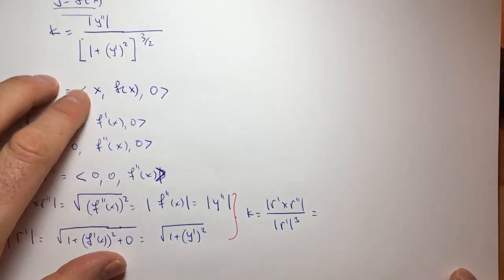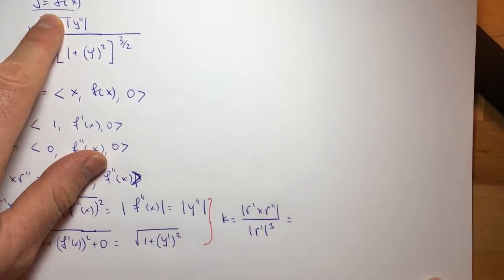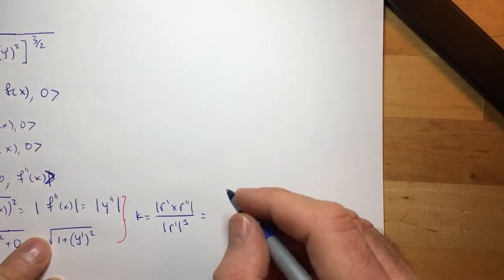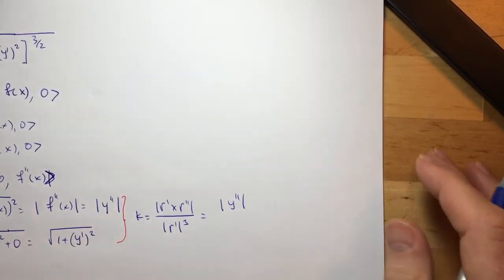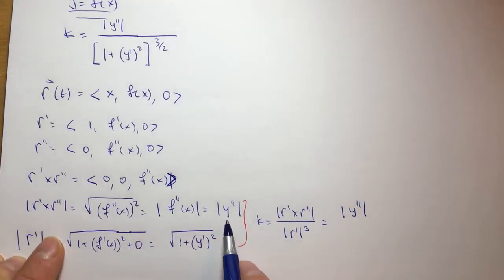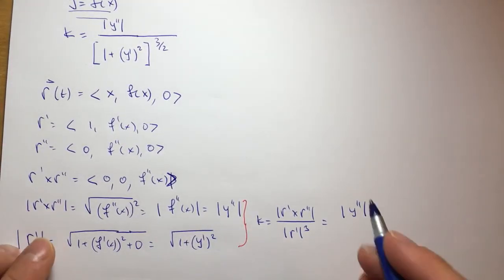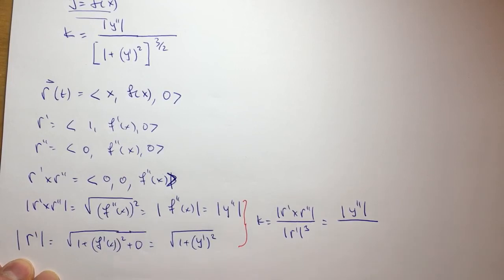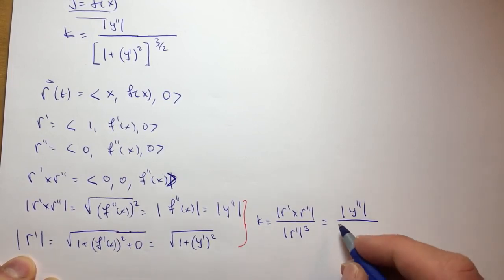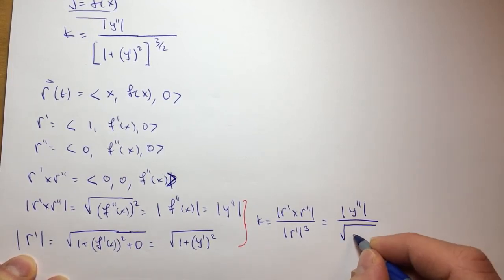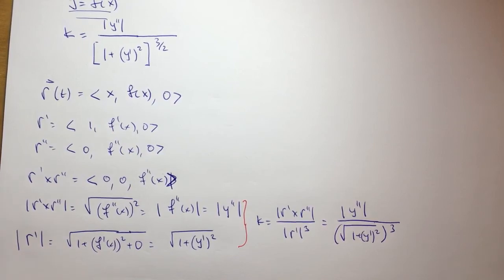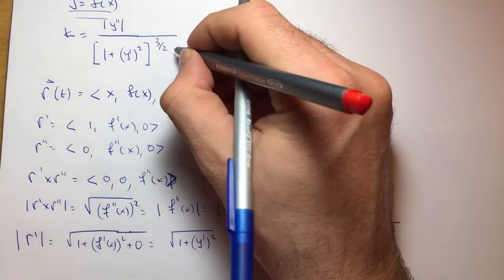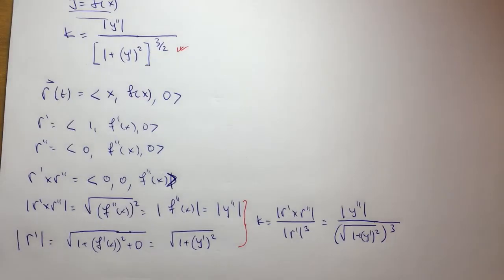For a plane curve that can be defined as y is equal to f of x, we got that this is equal to absolute value of y double prime, right? That's the magnitude of this cross product, over the magnitude of r prime, which is square root of 1 plus y prime squared to the power of 3. And indeed we get this formula right here.